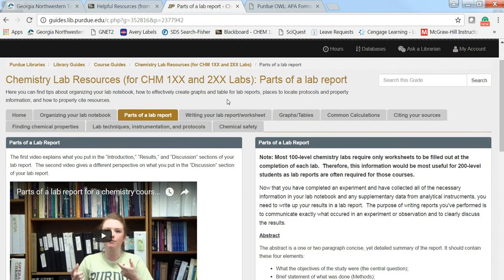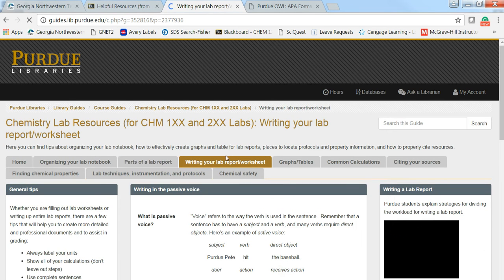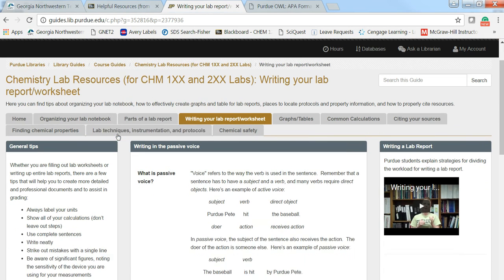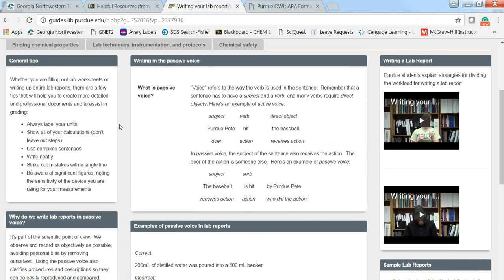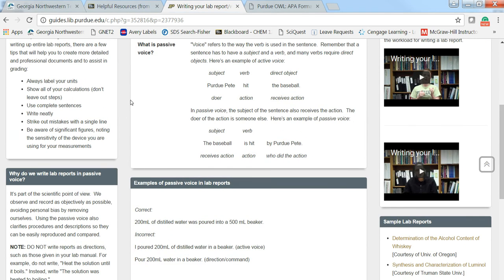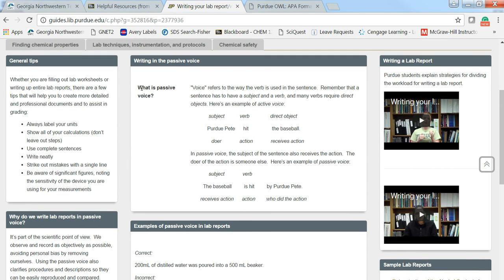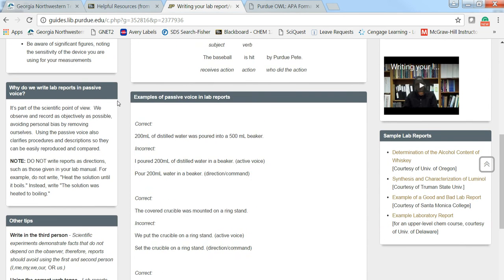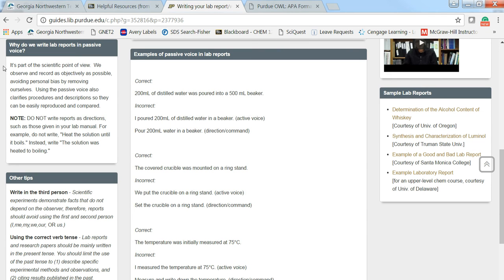So, also your writing in the lab report, the formal part of it is you have to write for lab report. For me, you have to do that in passive voice and past tense language. So, like right here, why do we write in passive voice?